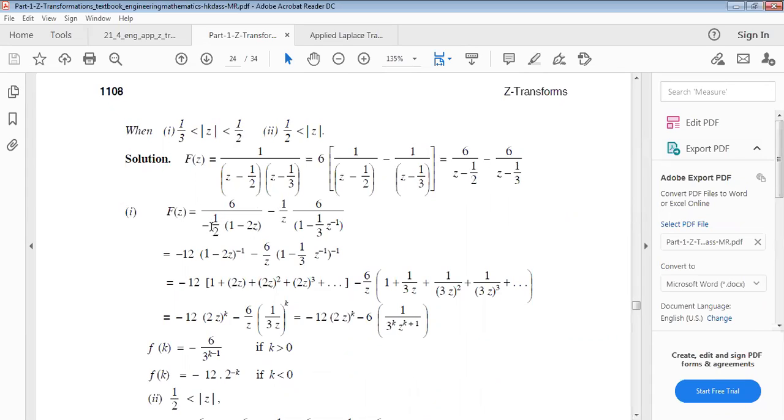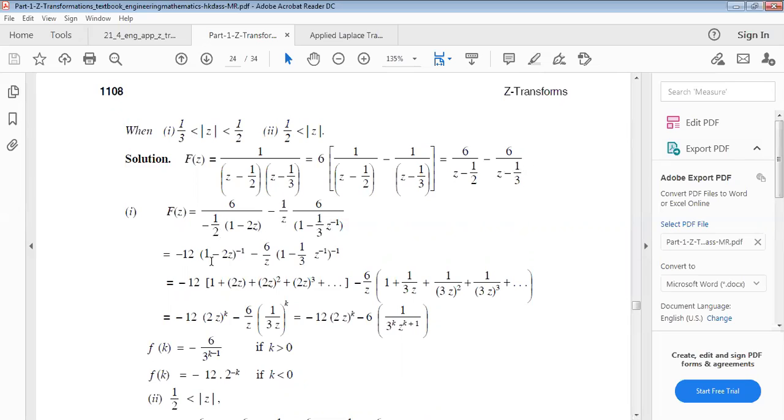So taking minus half common, we get this. But if we multiply with this one, then we can come back to this term. But 1 by 3 is less than z, so taking z common, because z is the greater. So taking z common from the second term of the denominator, we get 1 minus 1 by 3z.